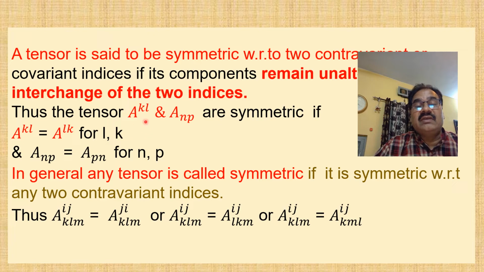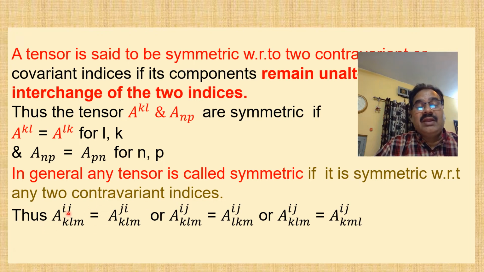Thus, the tensor A^{kl} and A_{np}, with superscript and subscript, are symmetric if A^{kl} is equal to A^{lk} and A_{np} is equal to A_{pn}. In general, any tensor is called symmetric if it is symmetric with respect to any two contravariant indices.